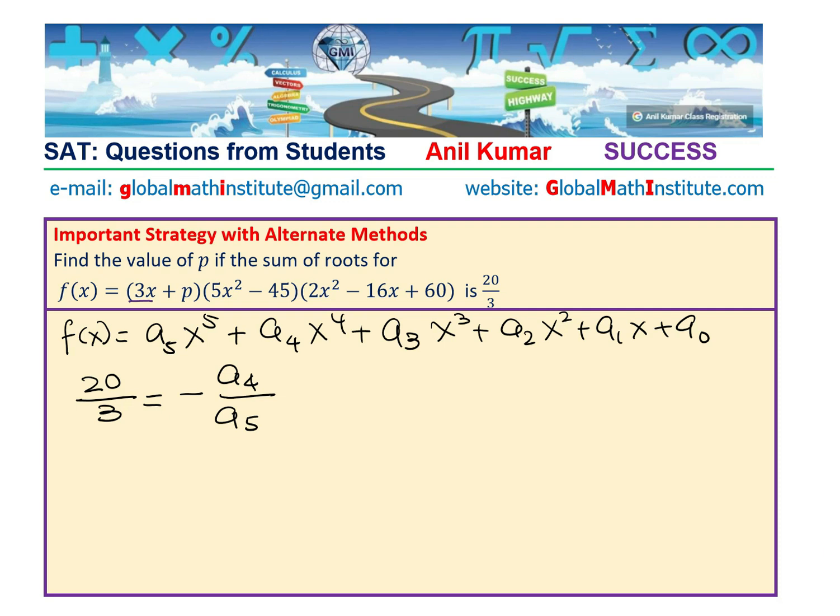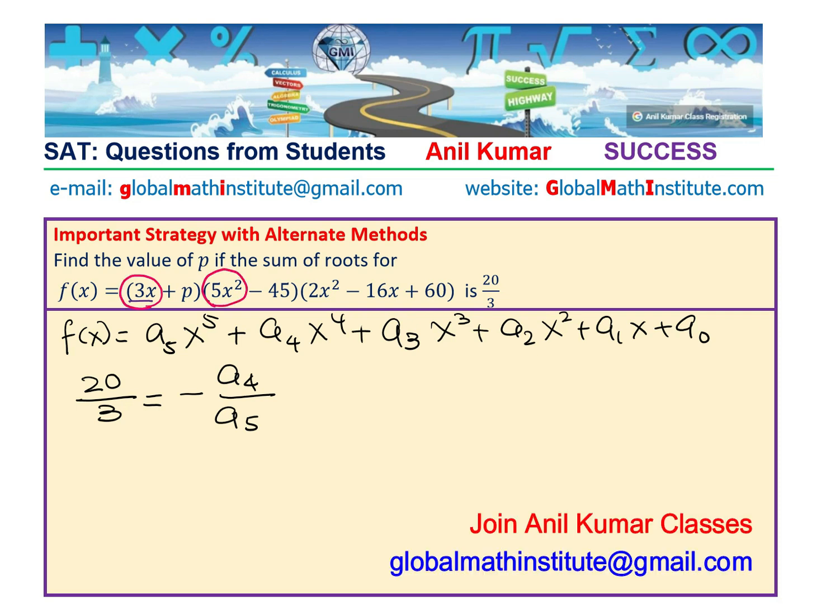So let's find the leading coefficient. The leading coefficient is when you multiply 3x with 5x squared and 2x squared. So the leading term, you get 3 times 5, 15, times 2, 30, right? So you get 30 x to the power of 5, correct?